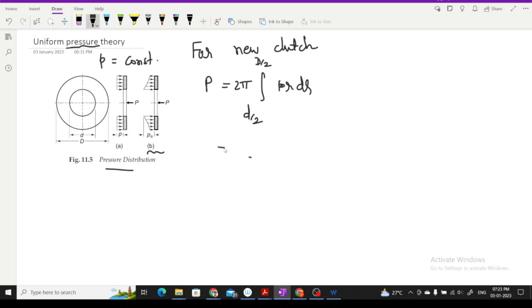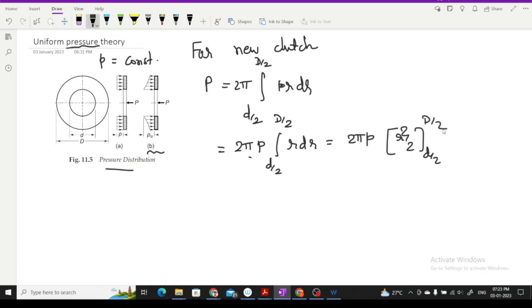So you can simply take out that pressure so that your r dr will be integrated from small d by 2 to capital D by 2. So here you will get 2 pi p, r square by 2, right, between d by 2 and D by 2.